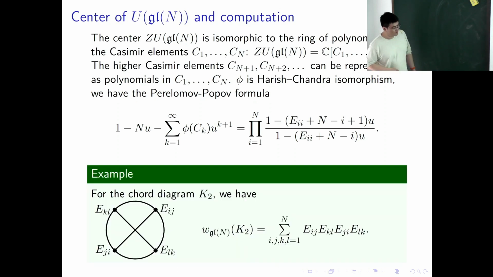And let me show you an example of how to calculate the weight system in the universal enveloping algebra. This is a chord diagram. I call it K2. We get two chords, and these two chords intersect. The weight system W_GLN of K2, by definition, is the summation of E_ij E_kl E_ji E_lk, just the basis.